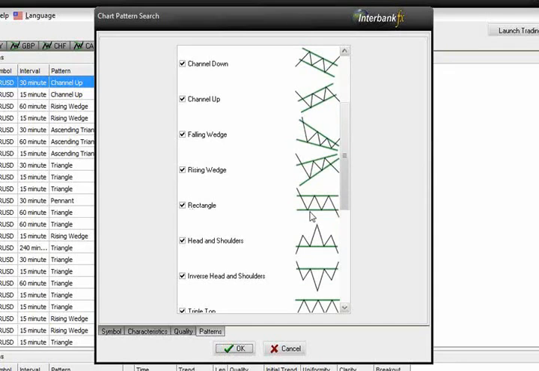Rectangles are much more cousins to triangles. Range bound, sideways. Rectangles, depending upon the width or the range between the floor and the ceiling, between the support and resistance, and depending upon the volatility they're occurring in, could occur in accumulation or distribution cycles.